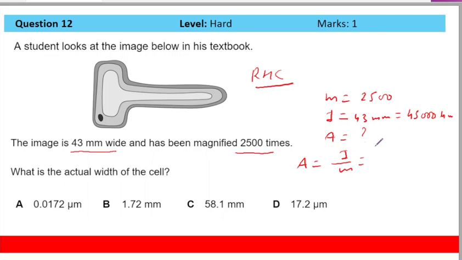So actual size is now 43,000 divided by 2500. So 20 will cancel here. Here 430 will be left. So we can divide it and we will get 17.2 micrometer. Yes. So D is the correct option.